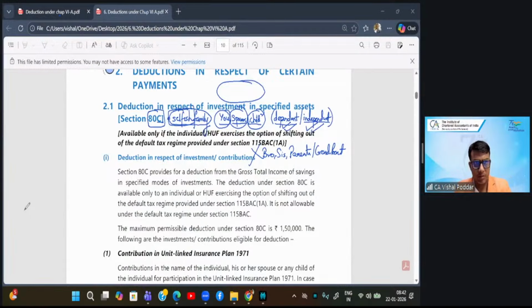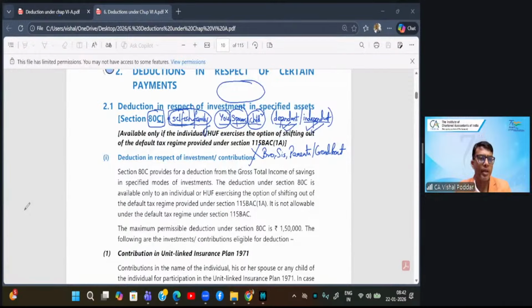Aditya is asking, what is OPS? We'll come to that bit. Neeraj is asking a very interesting question. Sir, spouse means current spouse? See, spouse means the spouse to whom you are married legally. If you have a spouse whom you have divorced, so what I think is your question's intention, they are not covered.